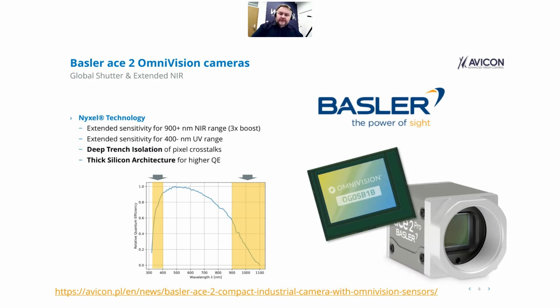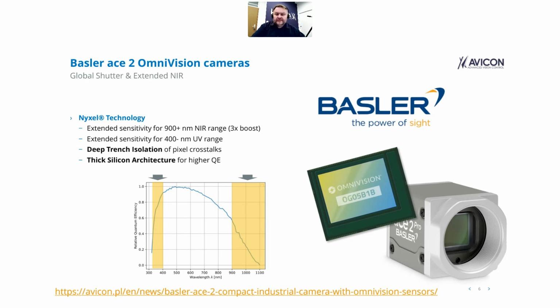The third novelty from Basler is the ACE2 series that recently obtained the OmniVision sensors. What's important about OmniVision sensors is that OmniVision managed to design a sensor that has significantly higher sensitivity in some boundary spectrum regions.